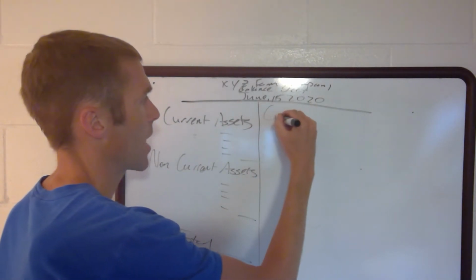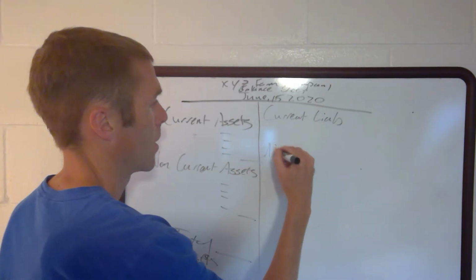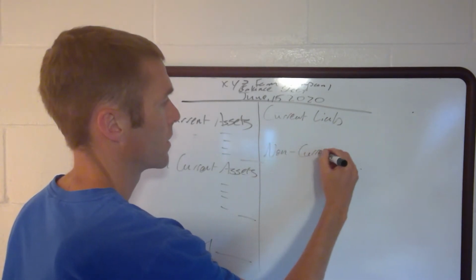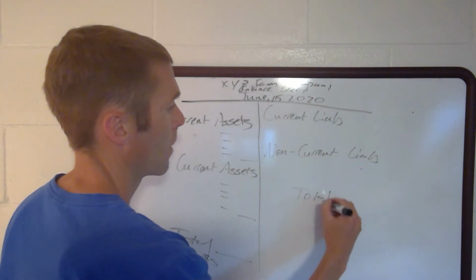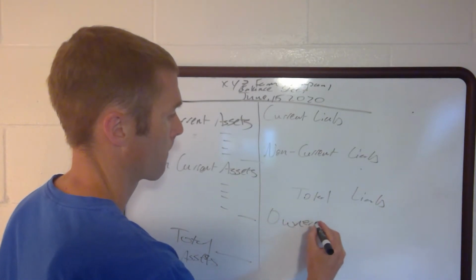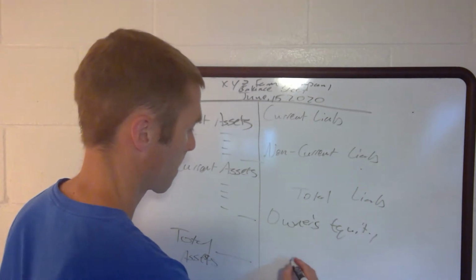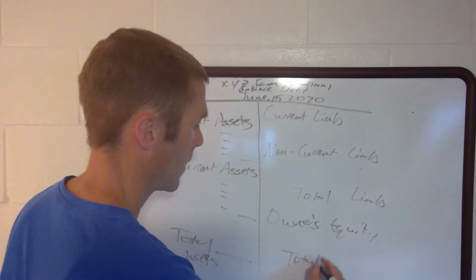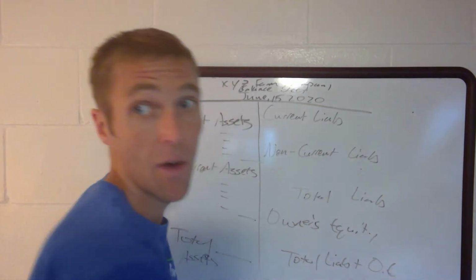Then on the right side we have current liabilities, non-current liabilities, total liabilities, owner's equity, and then we have total liabilities and owner's equity.